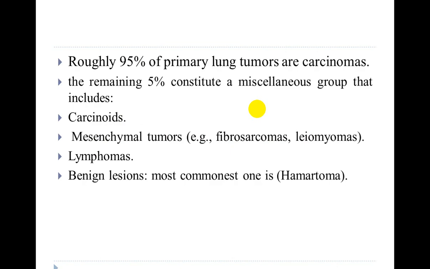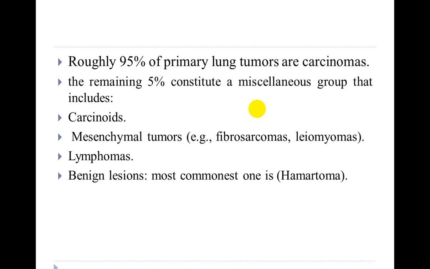Roughly, the vast majority of primary lung tumors, which accounts for about 95%, are carcinomas. Therefore, we will focus on carcinoma as the most common type of pulmonary tumors.